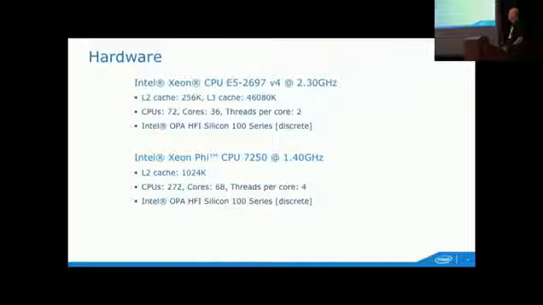But at the same time, the difference in count of cores is also about twice. So let's look at how these systems behave. This is a client system, and it uses OmniPath fabric as interconnect.